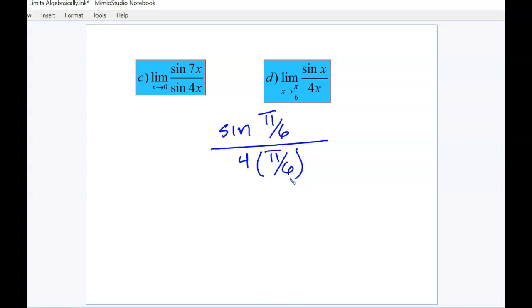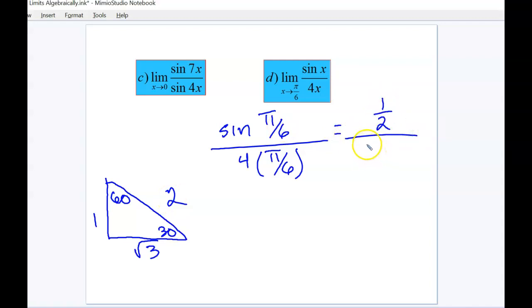The sine of pi by 6, if we remember our 30-60-90 triangle, the ratios are root 3, 1, and 2. So the sine of pi by 6 is going to be the opposite over hypotenuse, because pi by 6 is 30 degrees. So this is going to be 1/2 divided by 4 pi over 6.